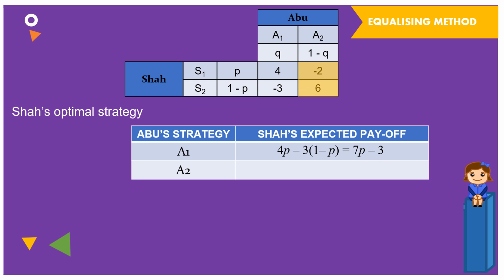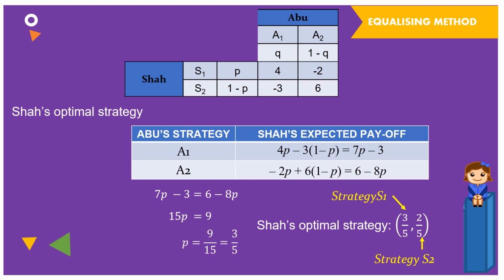And if Abu plays A2, Shah's expected payoff is -2p plus 6 times 1 minus p, which gives us 6 minus 8p. Equalizing, solving, p is 3/5. So Shah's optimal strategy is 3/5 and 2/5.